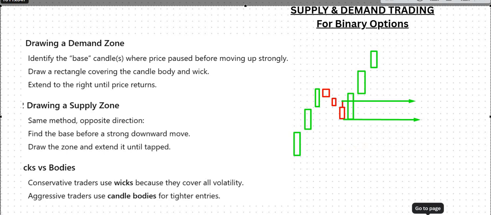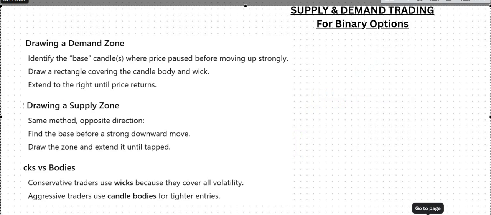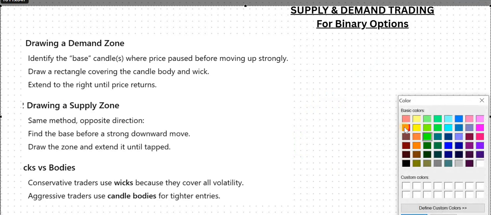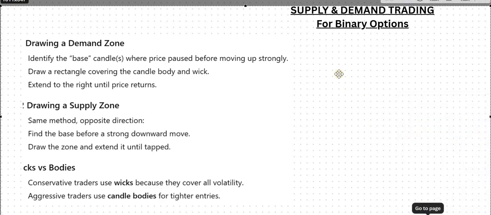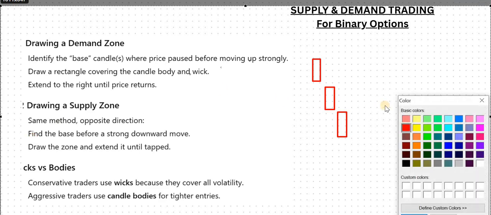Now, let's go to supply zone. For supply zone, it is the same thing, but just the opposite. In a downtrend, you have this. Now you have the opposite candlestick, which is the green candlestick.